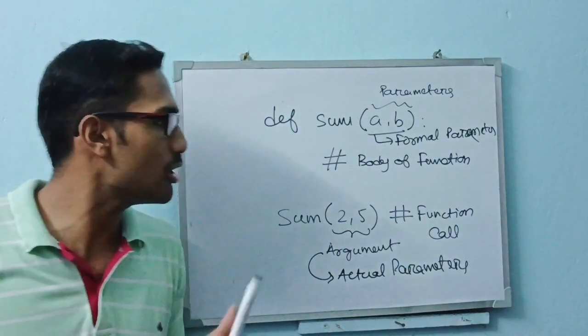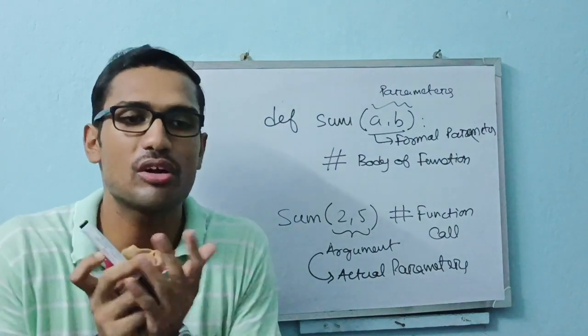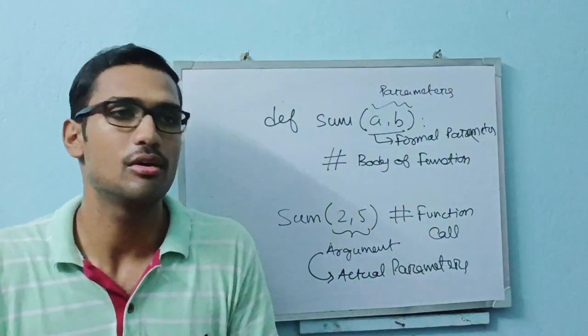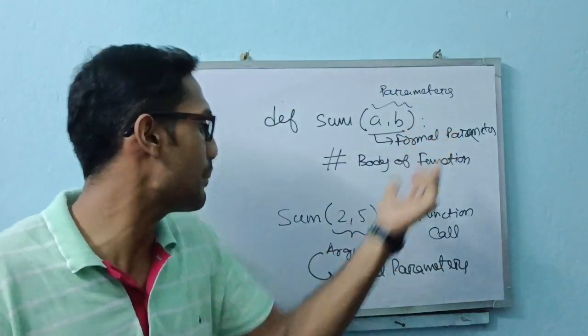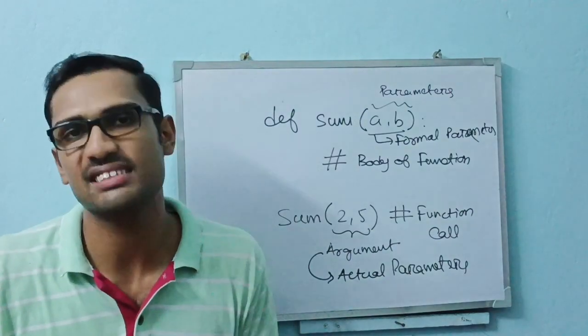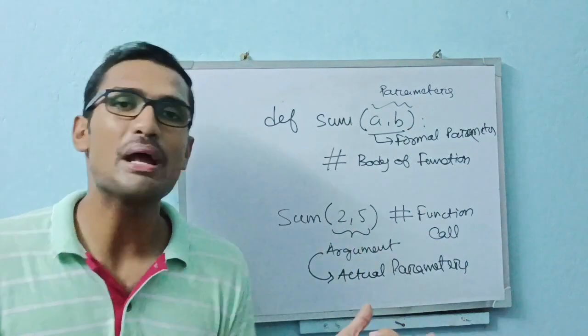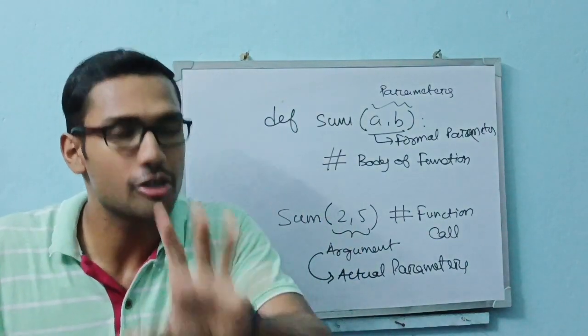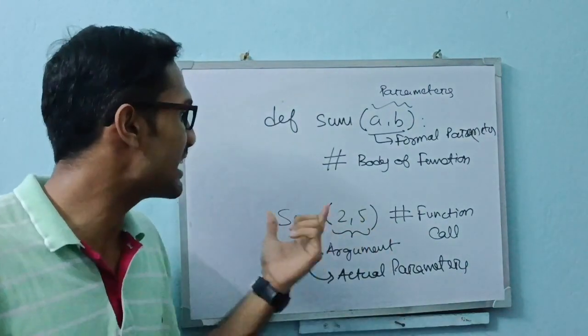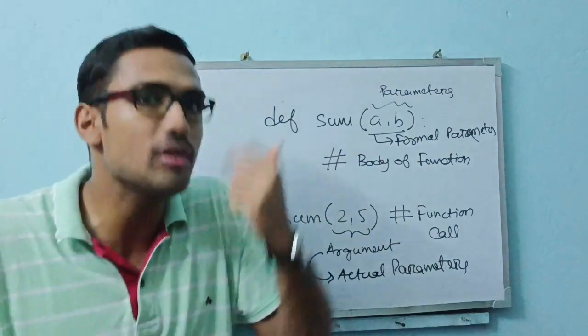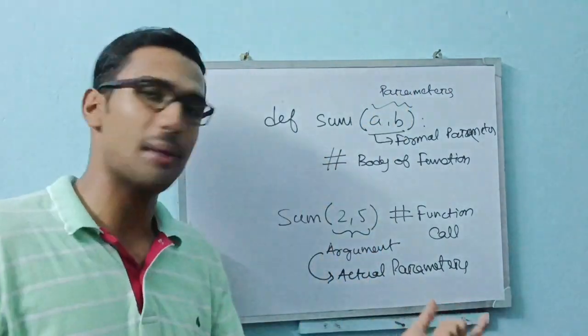This question used to come in exams: what is the difference between formal parameter and actual parameter? Give an example. Simply tell that actual parameters are the parameters being passed during the function call. The values passed to the function are actual parameters.